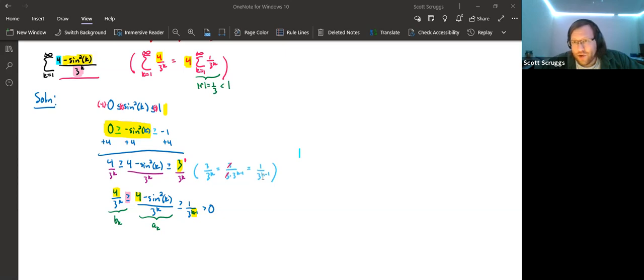Here, because I did have a trig function, I do have an inequality right off the bat, which tells me that for this particular problem, this is a case where I would use direct comparison test instead of limit comparison test. But 95% of the time, you would want to use limit comparison test for checking convergence or divergence.